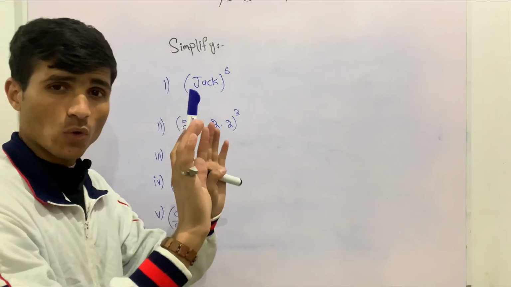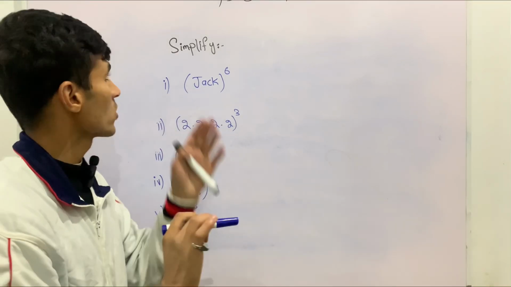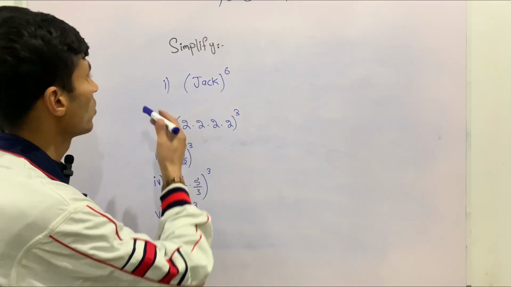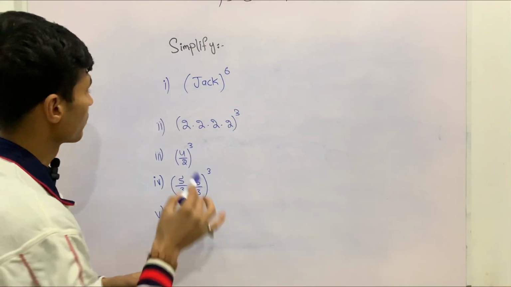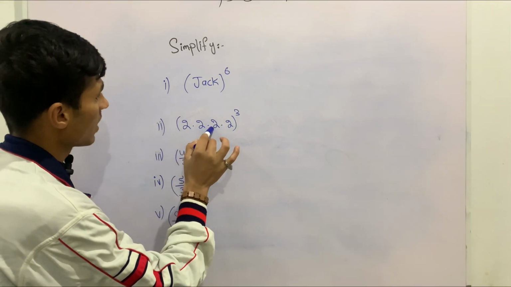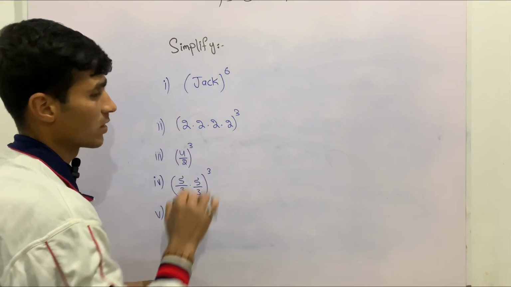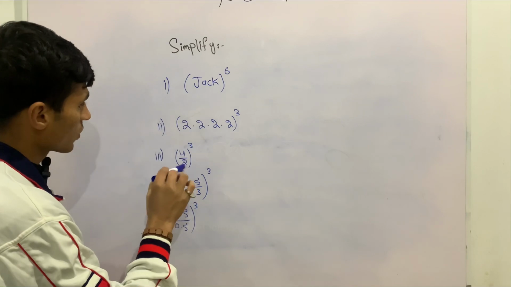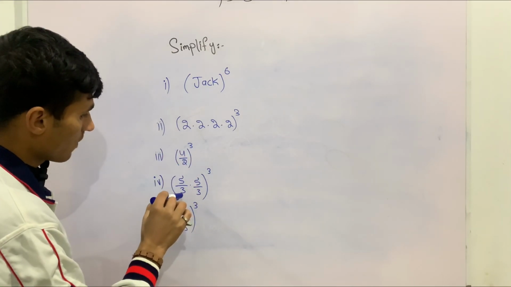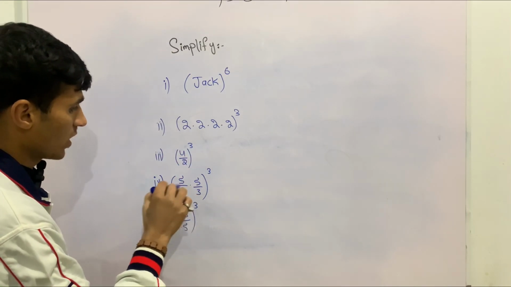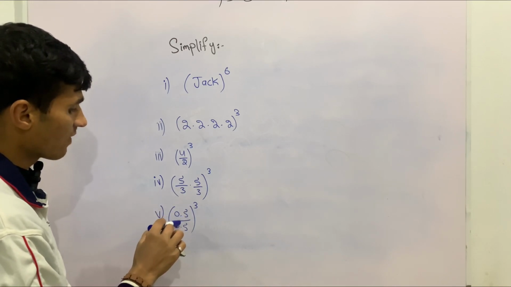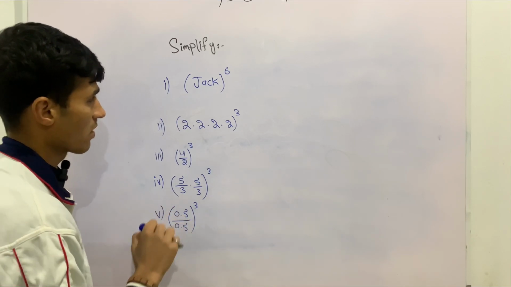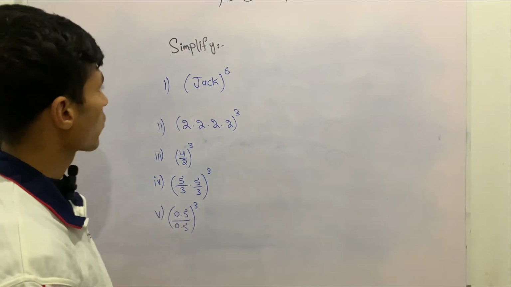Of course, if you understand what power really is, you can write its answer. 2 multiplied by 2 multiplied by 2 multiplied by 2 whole to the third. 4 over 2 whole to the third. 5 over 3 multiplied by 5 over 3 whole to the third. 0.5 over 0.5 whole to the third. So this is your homework, 5 questions.